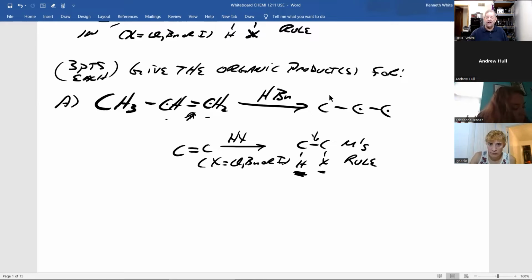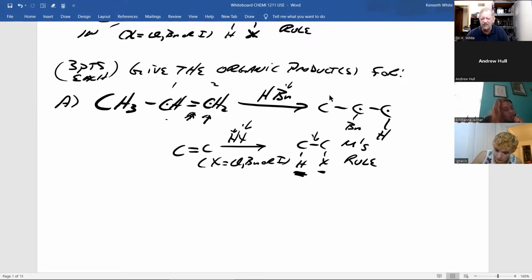Now you have to use your high-level math skill for organic chemistry. This has 2, this has 1. What's the greater number? And time's up. Hopefully you picked 2. Markovnikov's rule says this hydrogen goes to the carbon with the most hydrogens. The other carbon gets the halogen, in this case bromine.